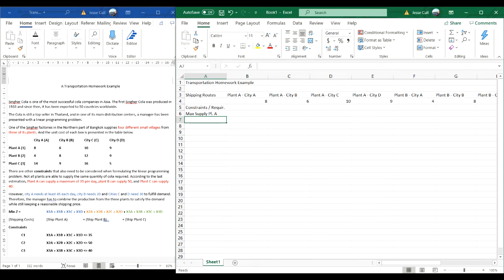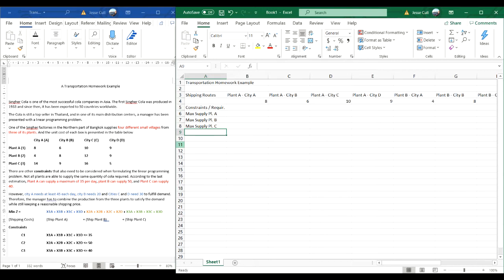The next one is max supply plant B. Right here, B can supply 50. Max supply plant C, once again, right here.